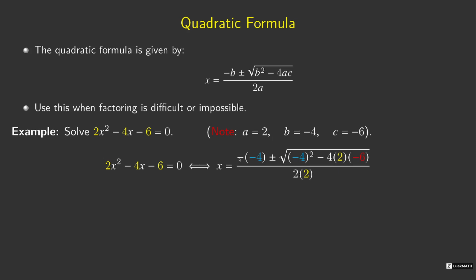So that's why I have minus 4, because there's a minus already. This minus here came along with b because b is negative, right? And then also there's a b right here, so I'm squaring. Remember, there's a b squared right here. So that's going to be minus 4 squared.